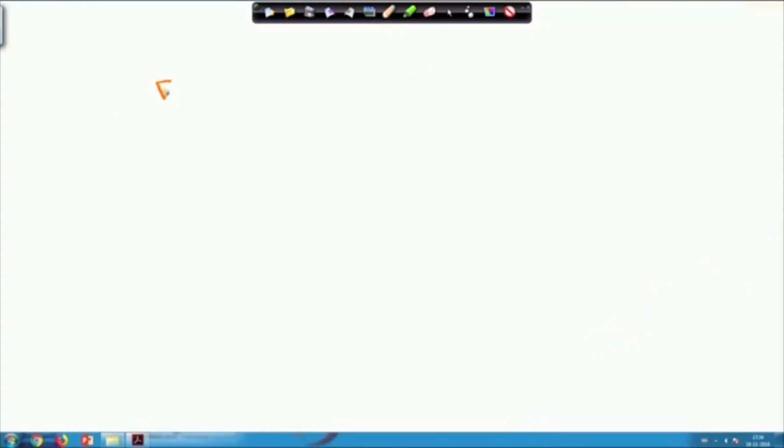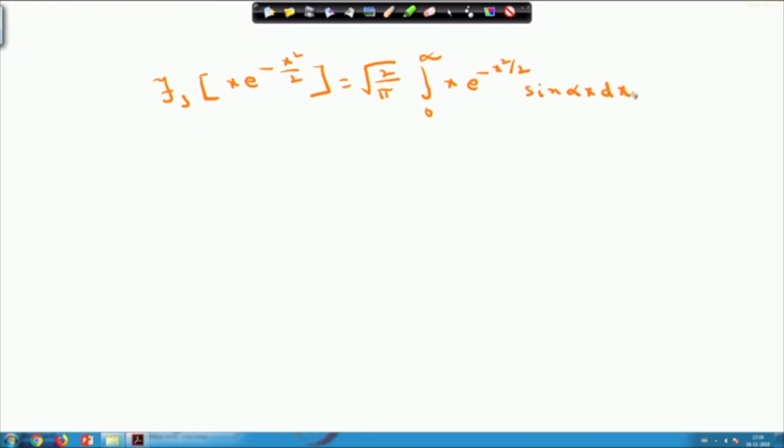So, let me denote it like this: the Fourier sine transform of x e^(-x²/2). This is equal, from the definition, to root over 2 by pi, integral 0 to infinity of f(x), so x e^(-x²/2), into sine of αx into dx.